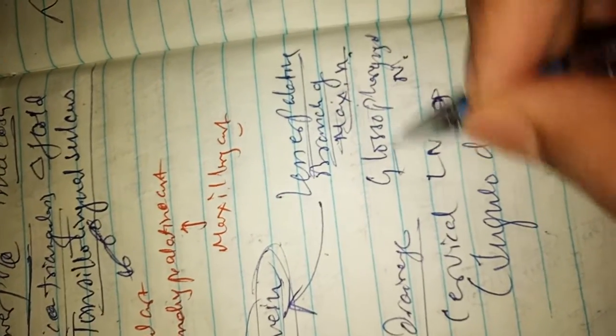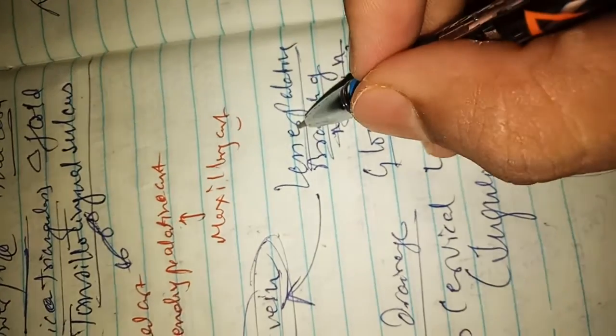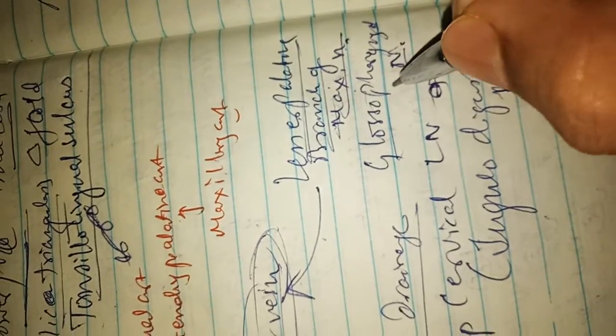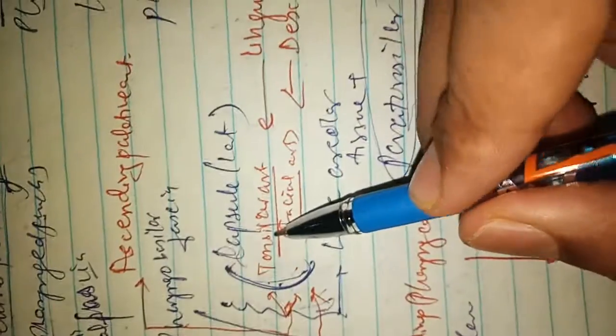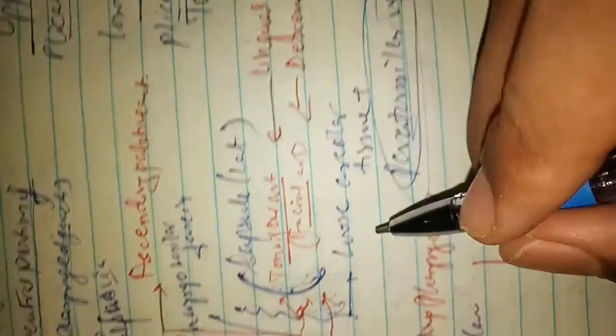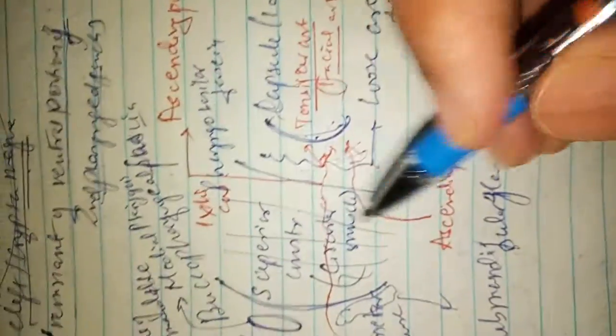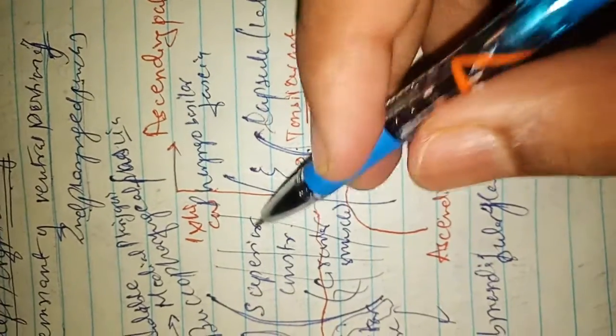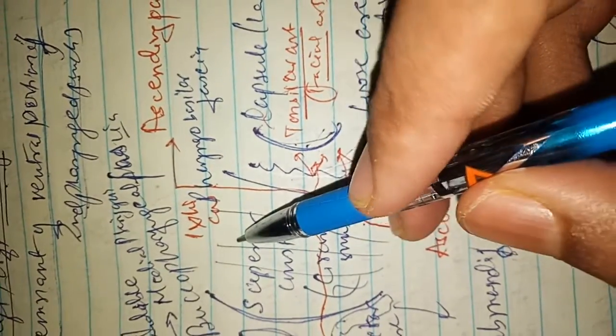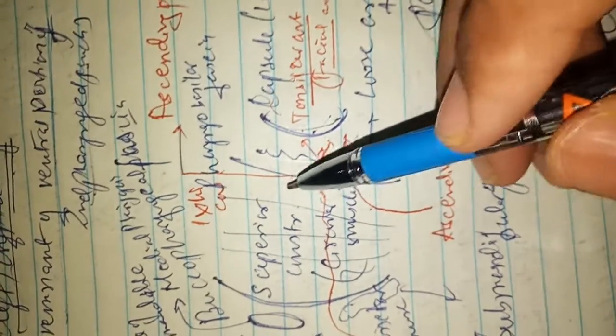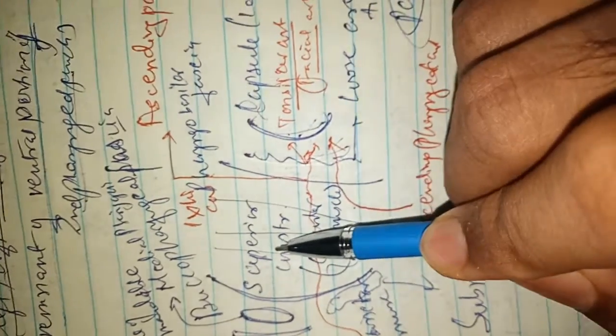For the nerve supply, the nerves of the tonsil are the lesser palatine branch of the maxillary nerve and the glossopharyngeal nerve. Now the glossopharyngeal nerve is situated in between the superior and middle constrictor muscles. These are the circular muscles. The superior constrictor muscle is lateral to the pharyngobasilar fascia.